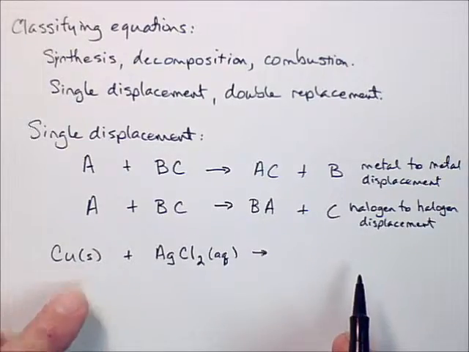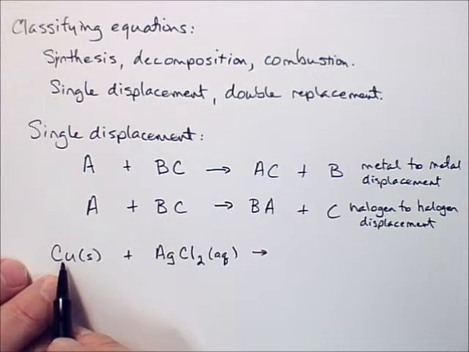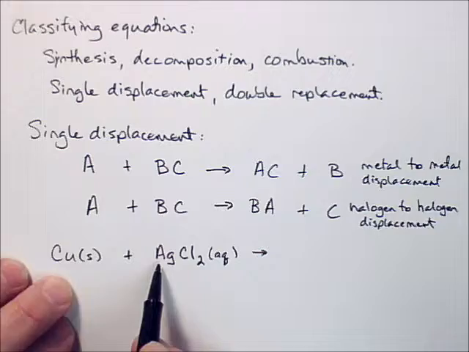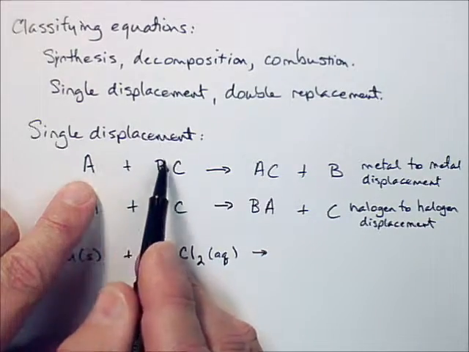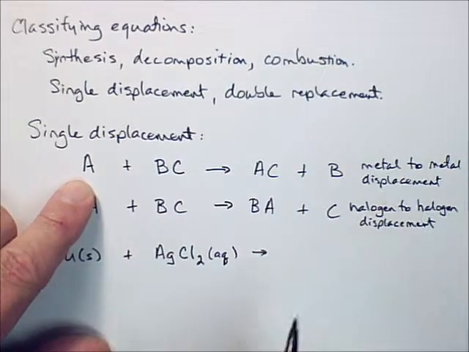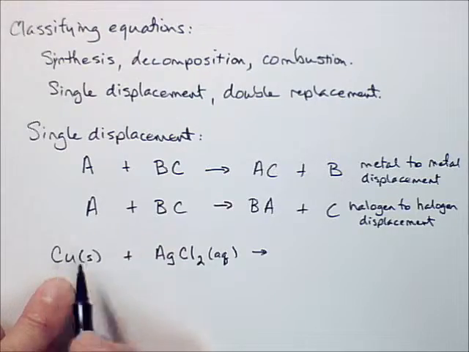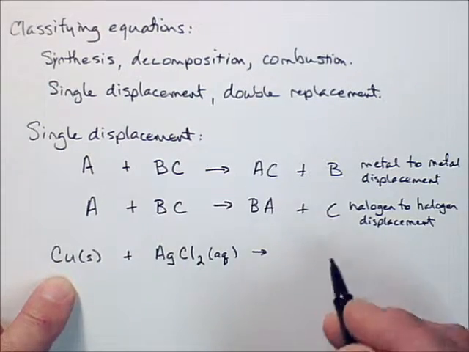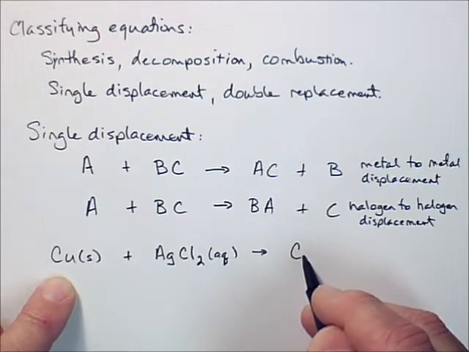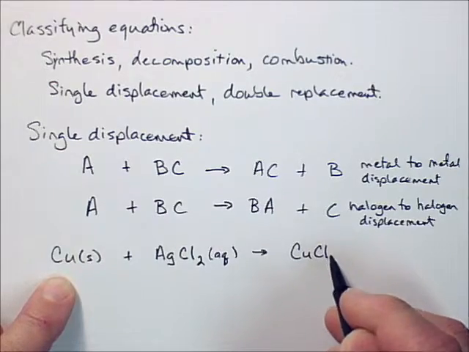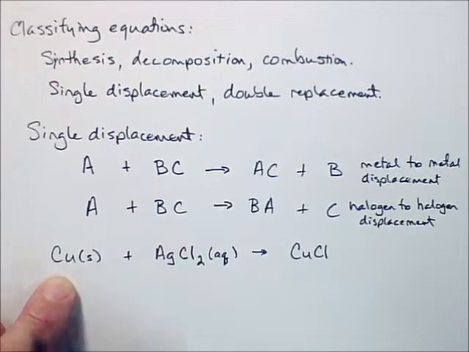Now, if a reaction like this occurs, the metal displaces the other metal, like A displaced B up here, metal to metal displacement. So C then joins up with Cl2. Or actually joins up with Cl.